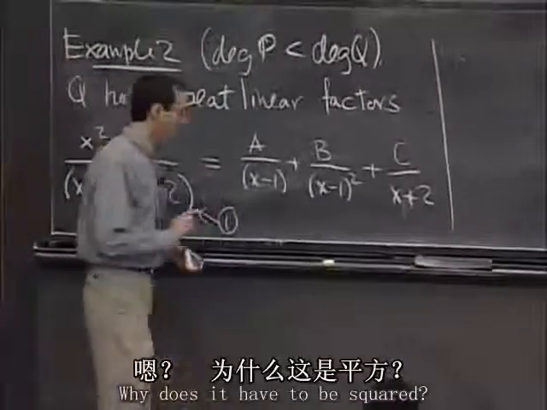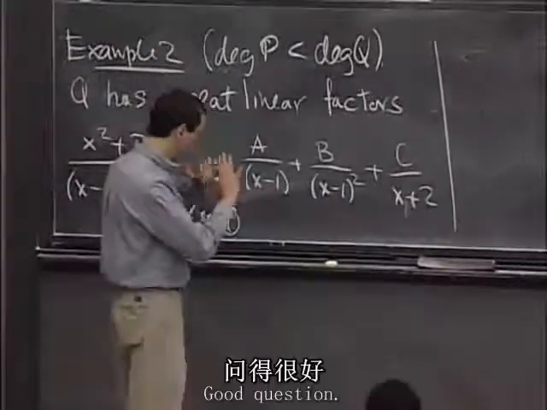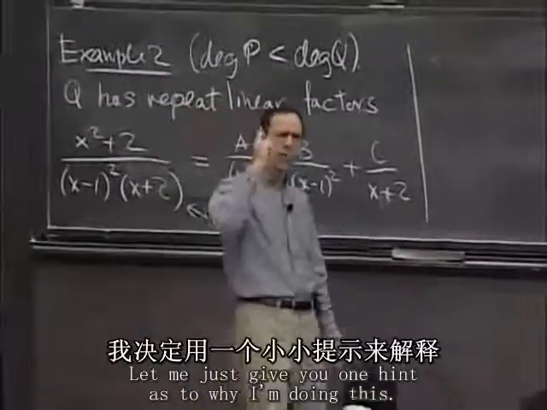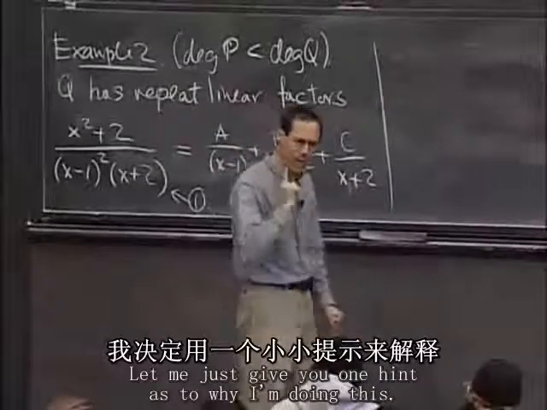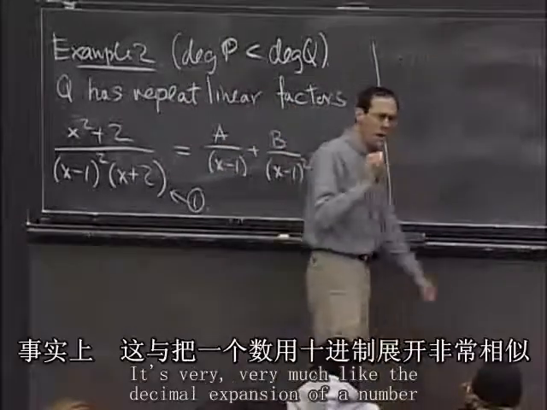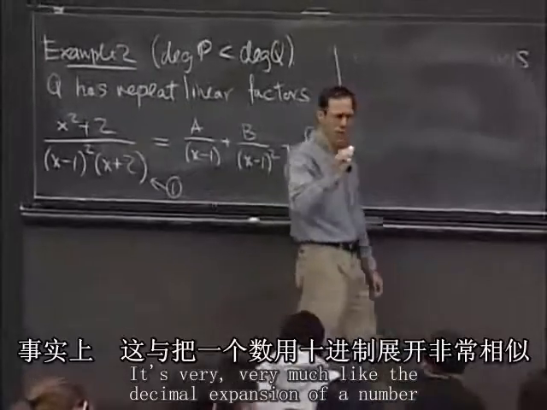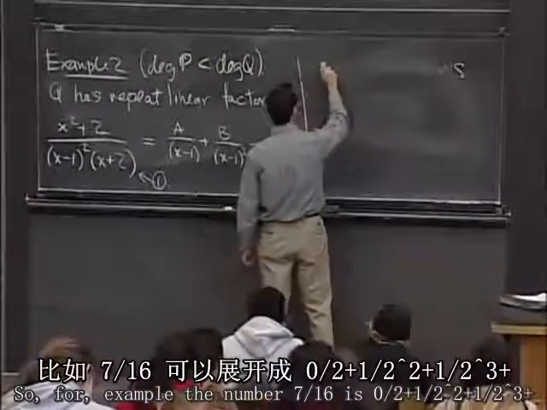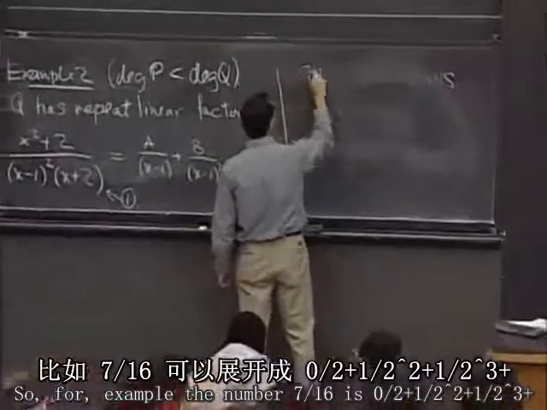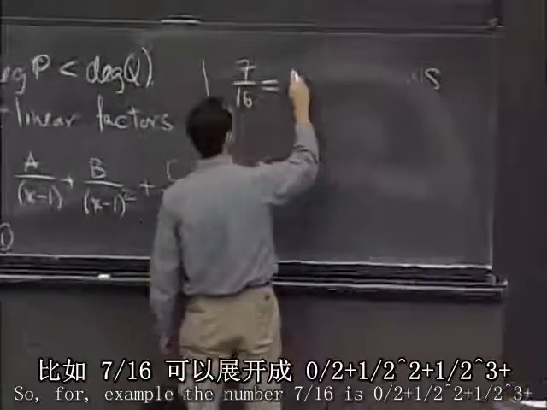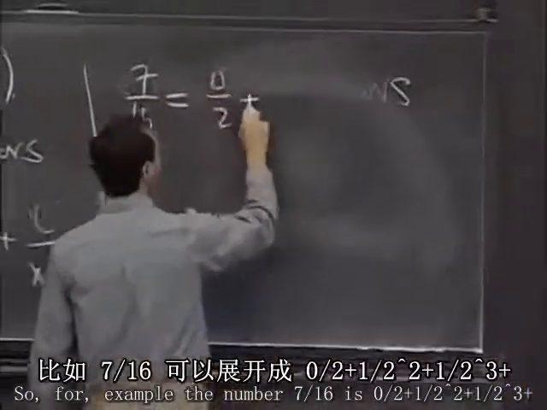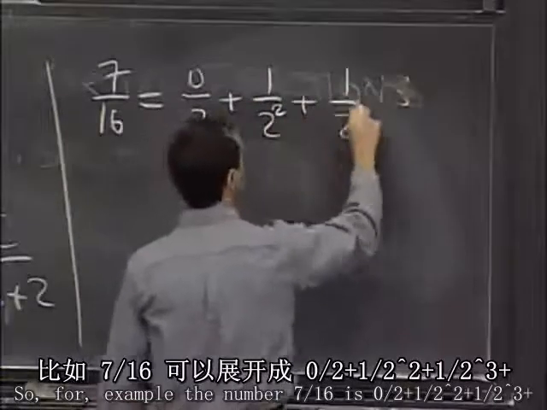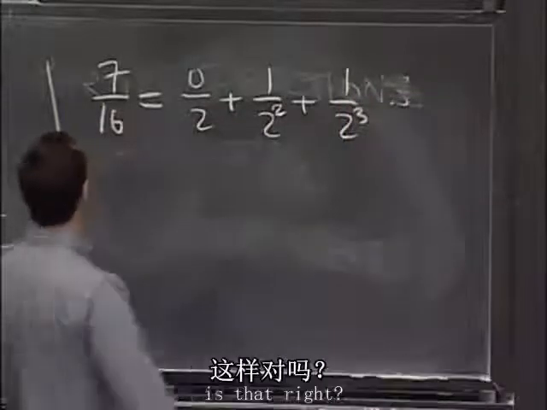Why does it have to be squared? OK, so good question. So why in the world am I doing this? Let me just give you one hint as to why. It's very much like the decimal expansion of a number, or say the base 2 expansion of a number. So for example, the number 7/16 is 0 over 2 plus 1 over 2 squared plus 1 over 2 cubed plus, is that right?